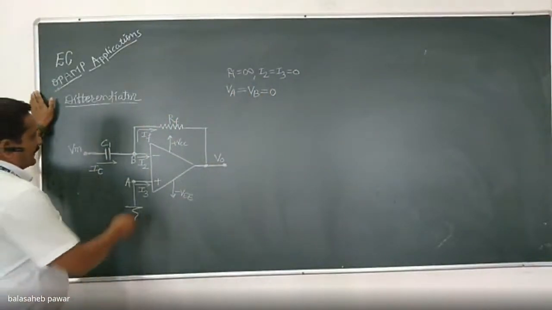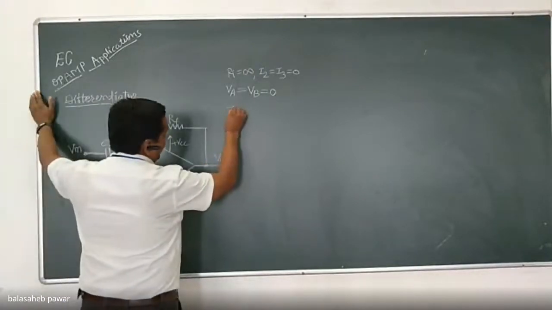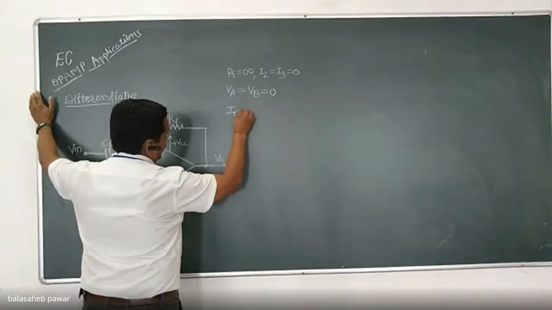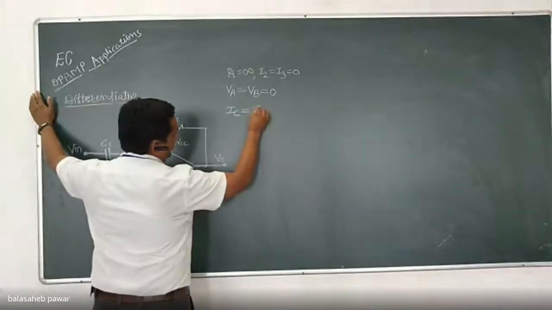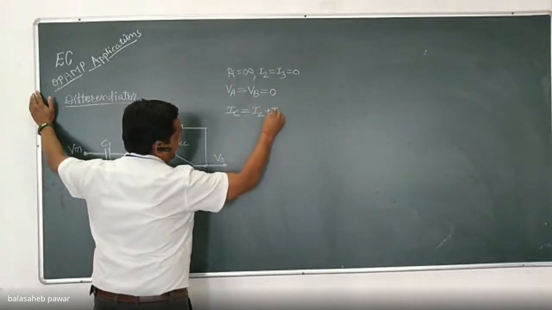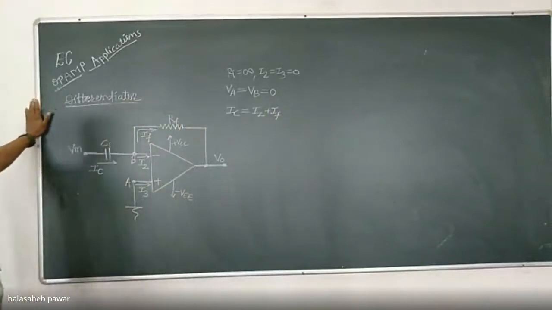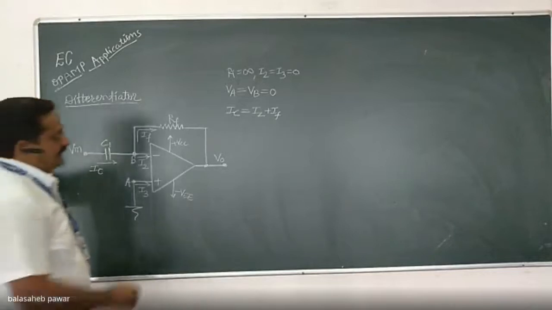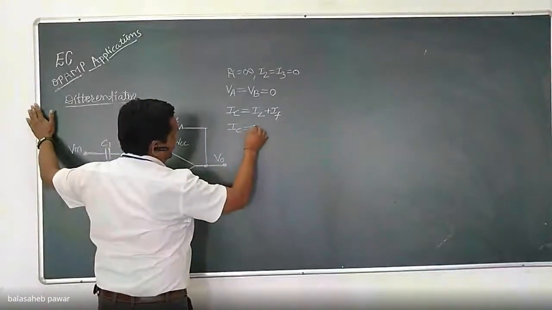Now, by applying KCL at node B, we can write IC equals I2 plus IF. If you apply KCL, then you will have this current equation. Now, as I2 is 0, we can write IC equals IF.